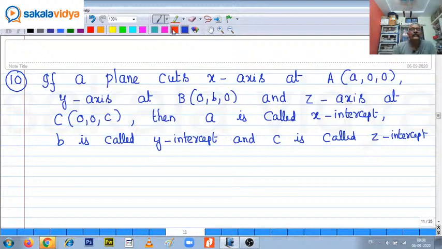Now actually the figure will be like this. Say this is the x-axis, this is y, this is z, this is the origin. Suppose the plane cuts like this.